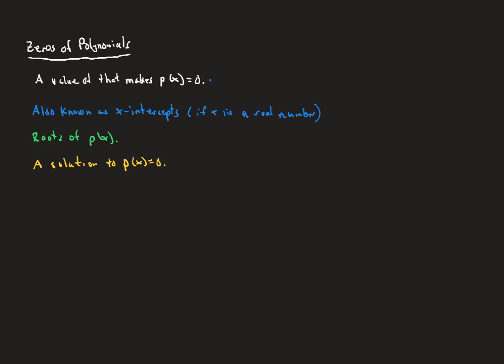Okay, let me ask you a different kind of question and see if you can figure this out. It's kind of challenging, I think. So given the polynomial p of x is equal to 3x to the 6th minus 2x to the 5th plus 4x to the 2nd minus 1.